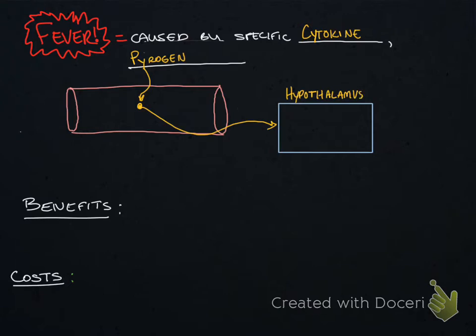The thermostat of your body, the hypothalamus, keeps your temperature normally at 98.6 degrees Fahrenheit. But when we have the presence of these pathogens come in, it resets the set point. So pyrogens come in, it resets your set point. So now we have a new one.